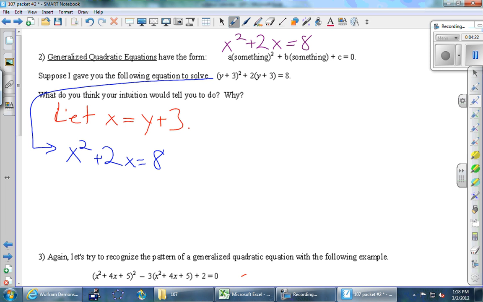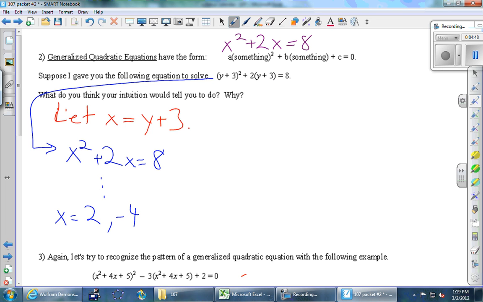So we substituted so that we could take something that looked unfamiliar and turn it into something that looks familiar, something that we have the tools to solve. So how would you solve this? Well, you would solve it exactly the way we did before. I don't need to write it again. What were the answers? X equals 2 and -4. Those are the answers we got on the last page.